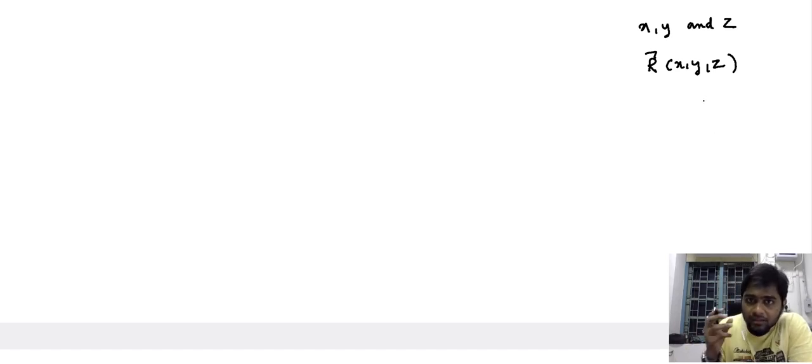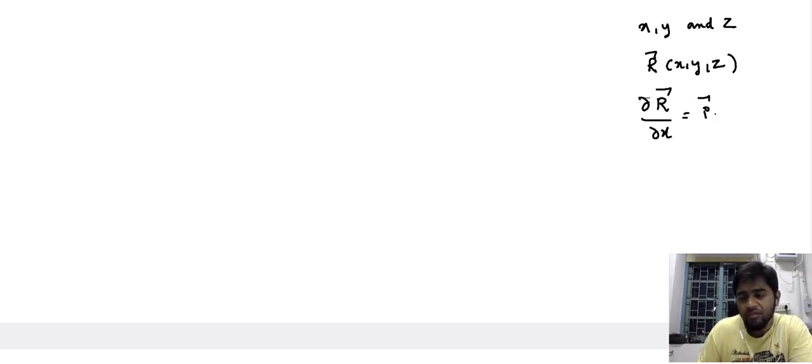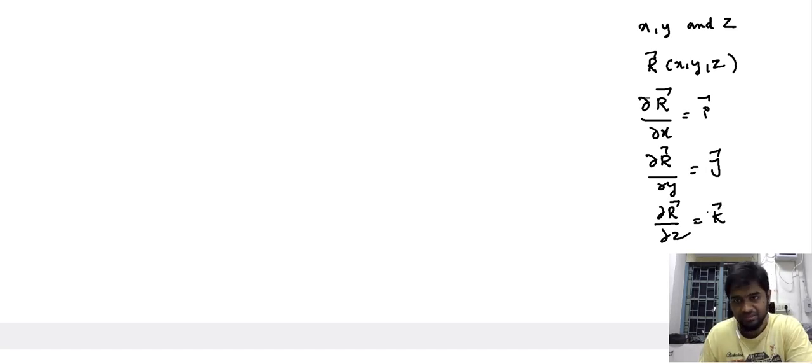The unit vector pertaining to each of these coordinates can be derived by taking the partial derivative of this position vector with respect to the corresponding coordinate, and this yields the vector i, which is of unit length and points along the x direction. In the same way, we describe the vector j, of unit length pointing along the y direction, and the vector k, of unit length pointing along the z direction.